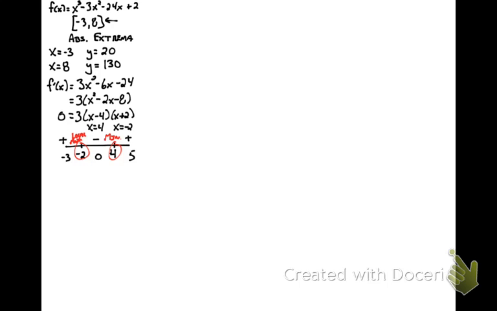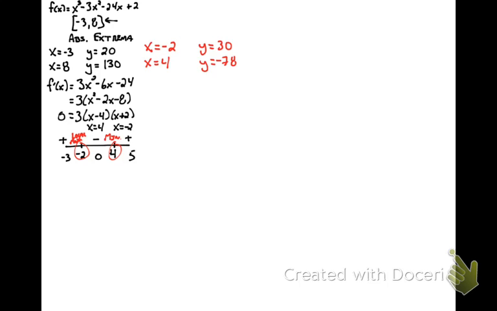So I'll need to also figure out what's going on at x equals negative 2 and then x equals 4, because I know the local maximums could be absolute, and the only way for me to know is to compare the outputs. When x equals negative 2, y equals 30, and when x equals 4, y equals negative 78.